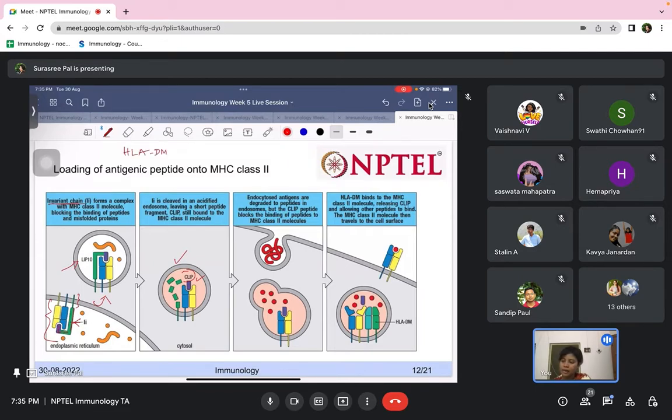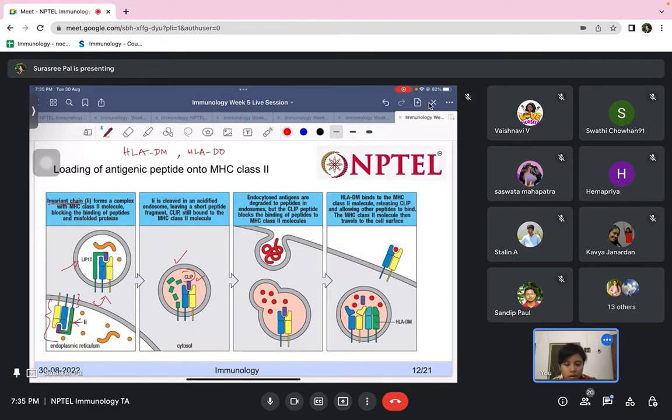It is another name for MHC actually. So what happens? Unless this clip molecule is replaced, the antigen binding cannot take place.